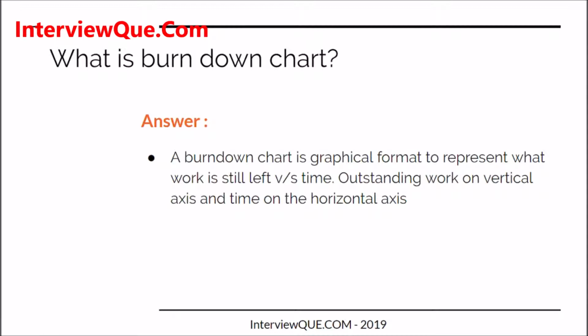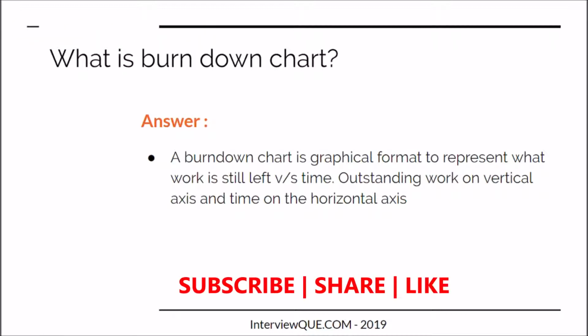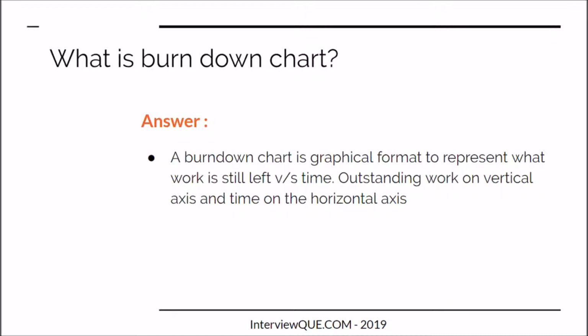Basically, this is a metric used to measure what work has been left over versus time. As we progress through the sprint, we use this graph to assess where we are today on the sprint plan versus actual, just to assess whether we are on track or not.